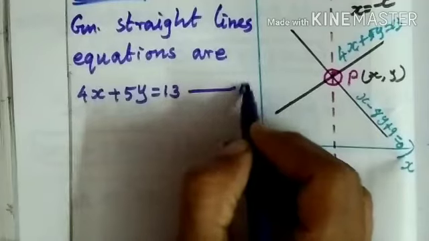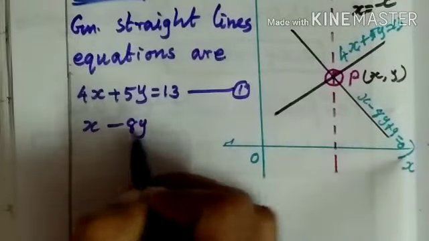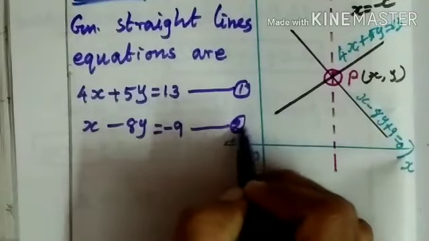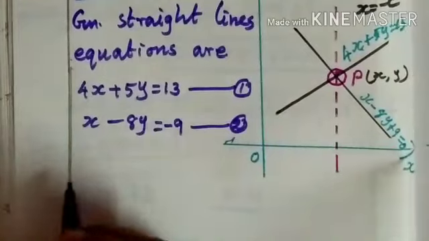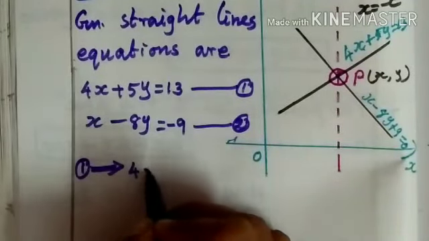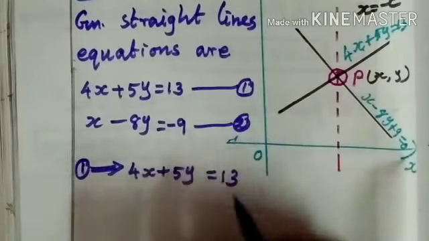Let us keep this first equation. Then x minus 8y is equal to minus 9. Let us keep this second equation. Let us see. First equation you write as it is. 4x plus 5y is equal to 13.